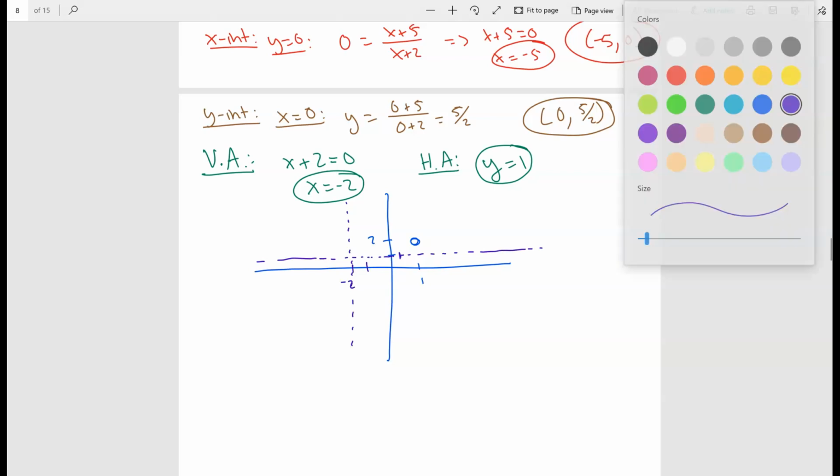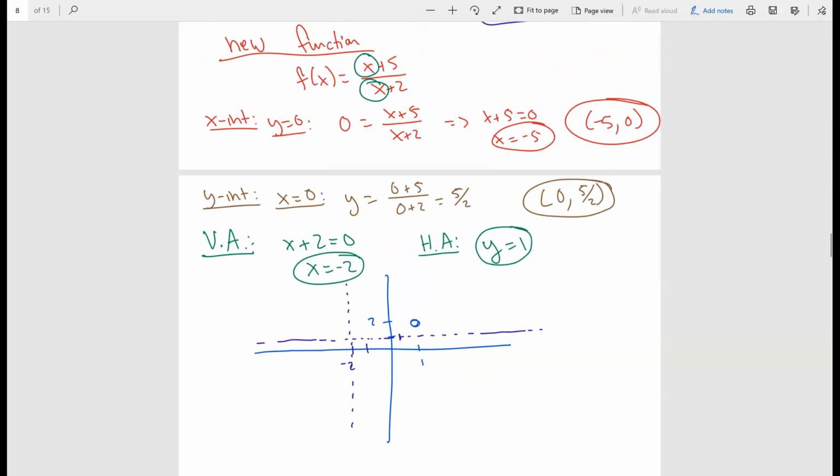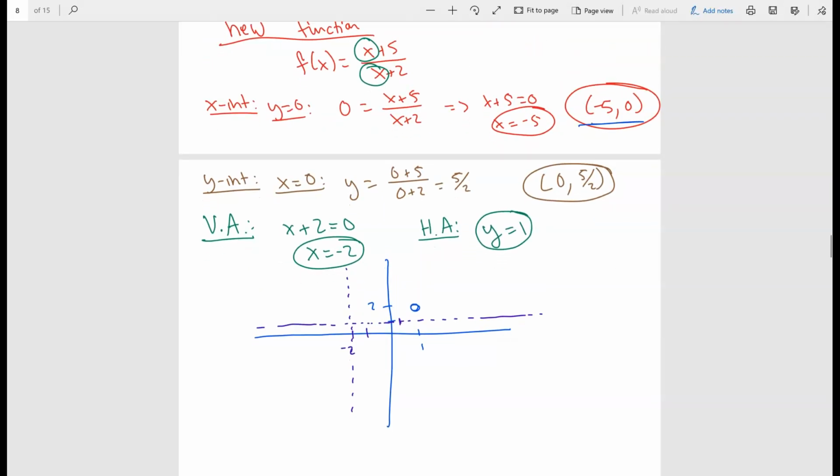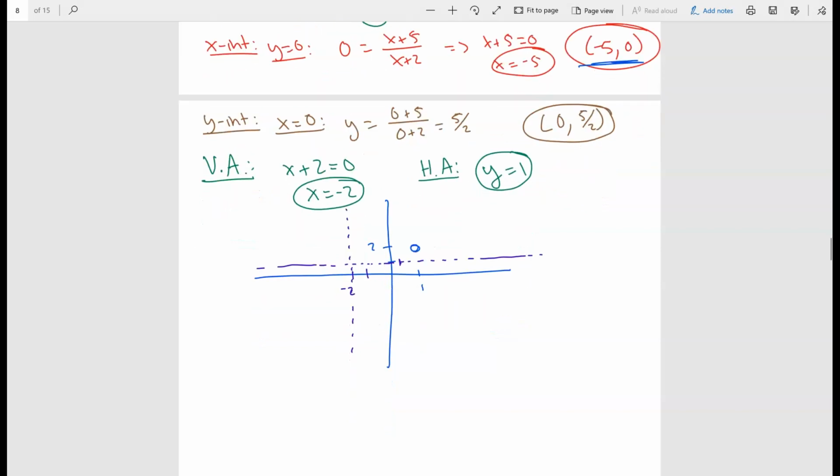Now let's plot our points. Our x-intercept is negative 5, 0. And then we're going to have, where is it?